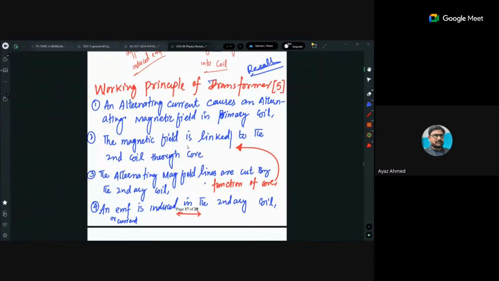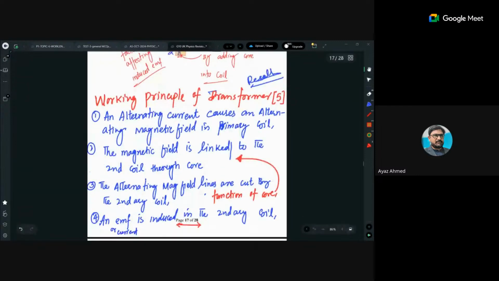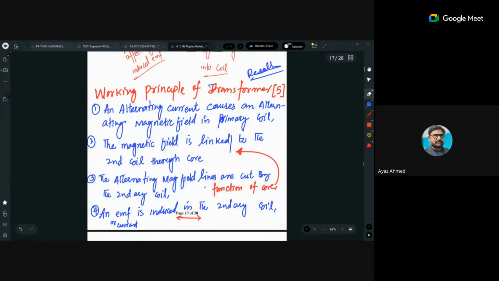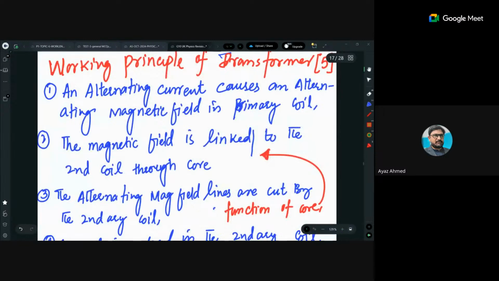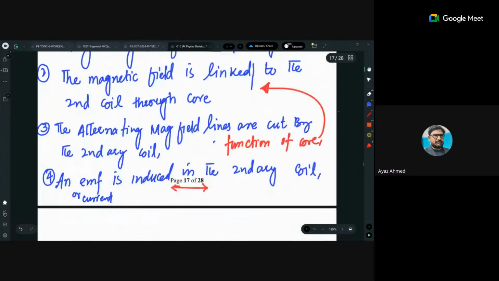Third, that field then passes through the secondary coil, and that linkage is provided by the core. The core links the magnetic field lines of the primary coil to the secondary coil, and in this way the varying magnetic field reaches the secondary and is cut by the secondary coil, and when they are cut the EMF is induced.